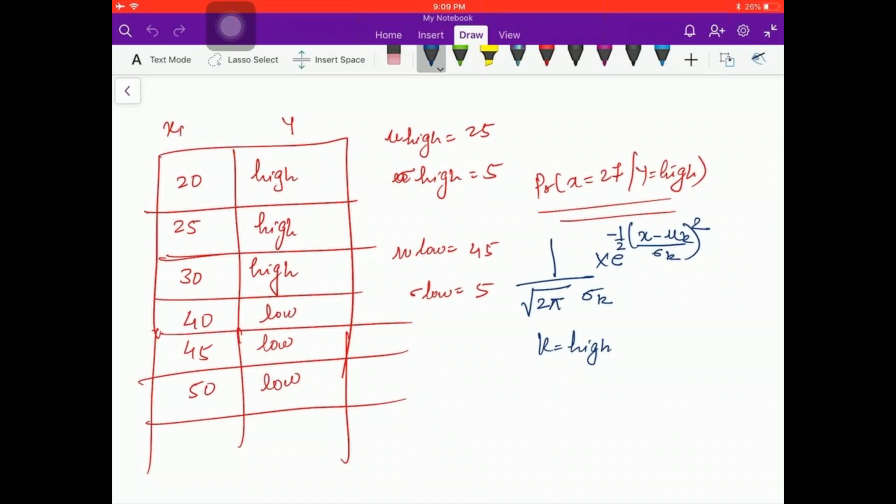At least tell me what you have fed into the equation. What values? So here we have this sigma, so 1 upon 2 pi sigma, where sigma is 7.07. Perfect. And then x is our 27, into e to the power minus half, and then x is 27 minus mu, mu is 25, so that means 2, divided by 7, and then whole square.